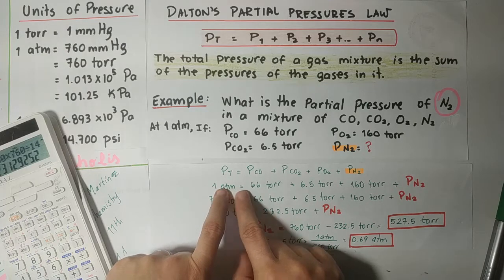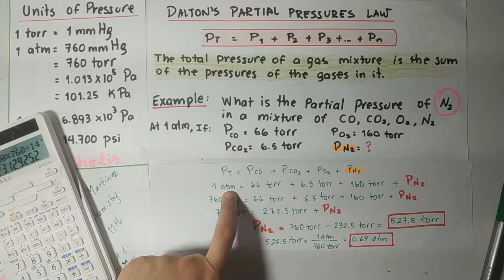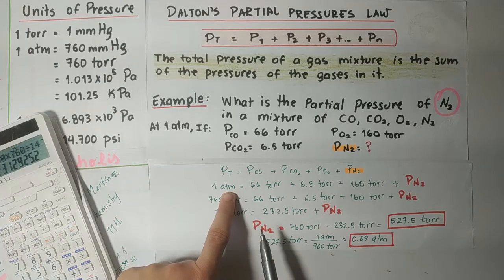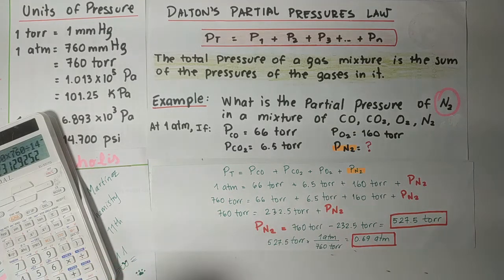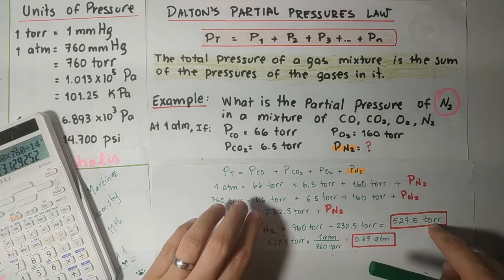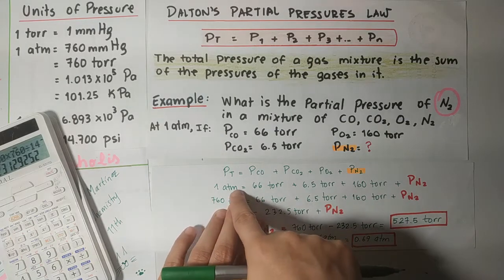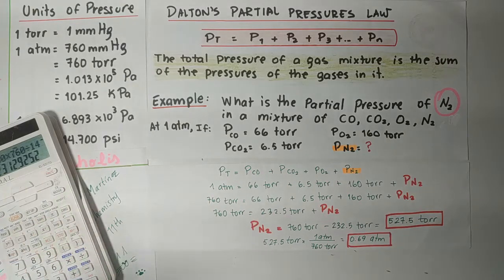So total pressure is 1 atm, and we start replacing all the givens. But take a look, I have ATMs here and I have torrs on the other side. So basically the idea is to have the same units. I didn't ask you to give me the answer in any specific unit. In my case, I will express the answer in torrs, but also in ATM. As you can see here, I have ATM and I have torrs, but we need to have the same unit.